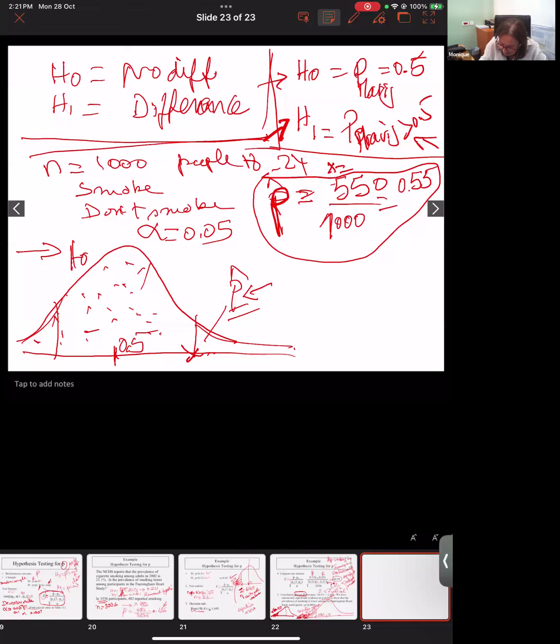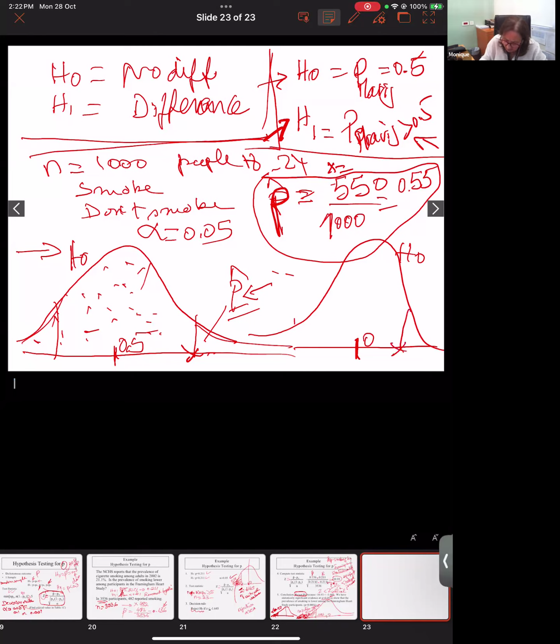So now I have another H0, in terms of Z, with Z equals 0. And then here is my rejection region.